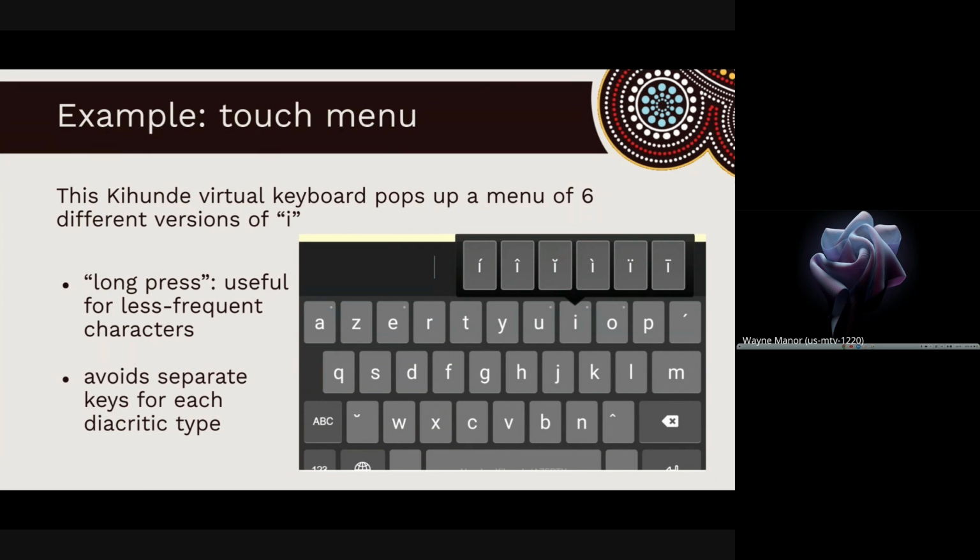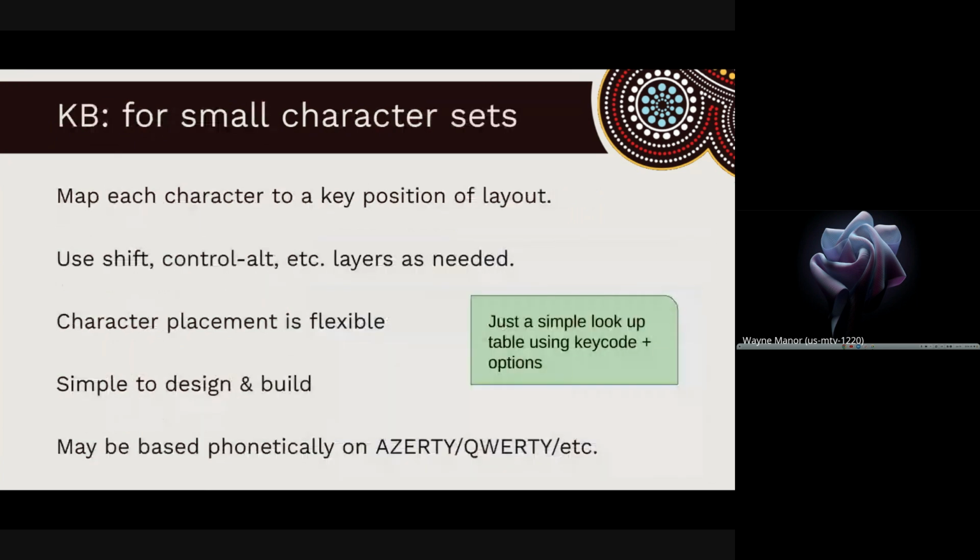Another way of doing that would be to have 6 separate diacritic marks and type them either before or after the characters. But this was a design decision we worked out with the Kuhundi people, and they found this to be useful. For small character sets, that green box can be pretty small, can be pretty simple.